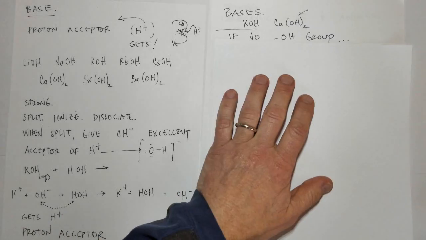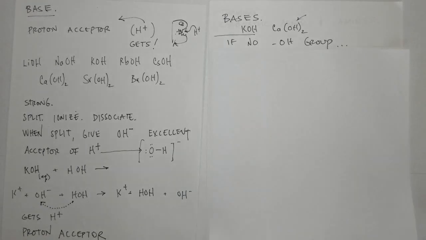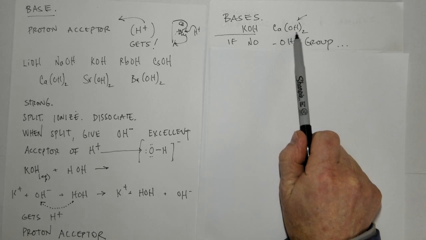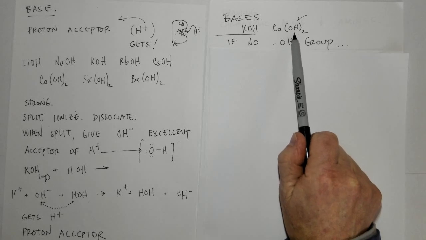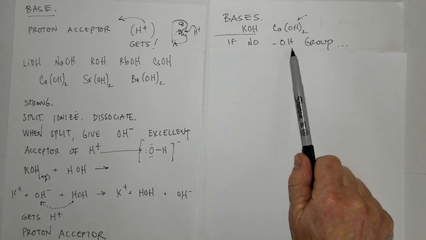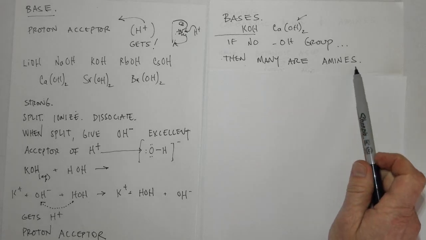So bases have an OH group on them, for the strong bases anyway, and some weak bases do as well. You remember that the calcium, strontium, barium have 2 OHs, making them doubly dangerous. But what happens if they have no OH group and they're a base? Well, then many of them are what are called amines, A-M-I-N-E-S.